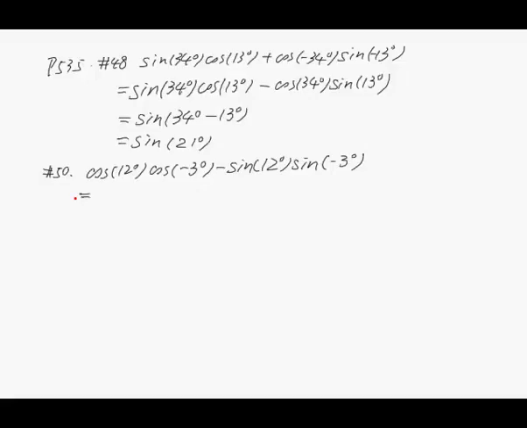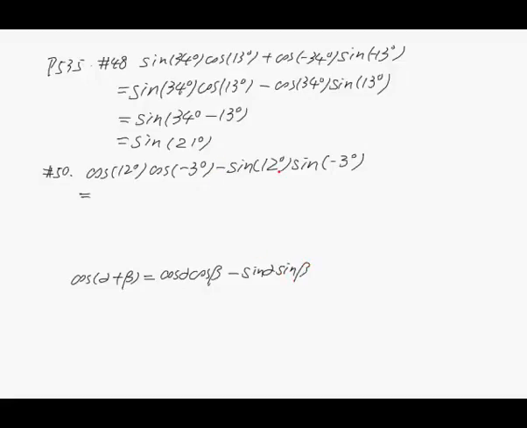Sum, right? Cosine of alpha plus beta is equal to cosine alpha times cosine beta minus sine alpha times sine beta, right?